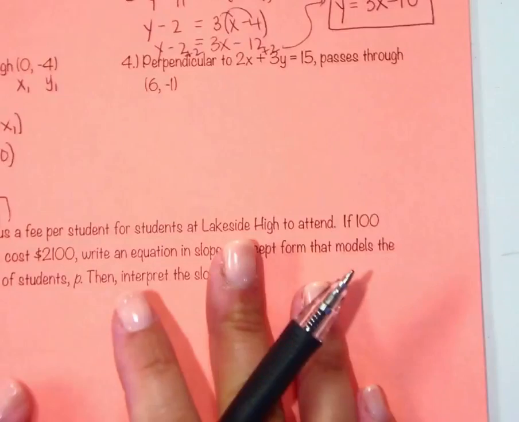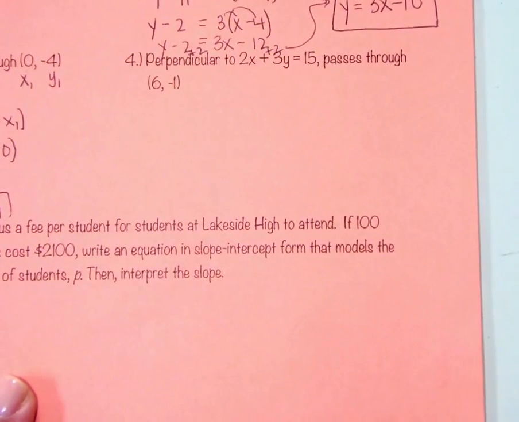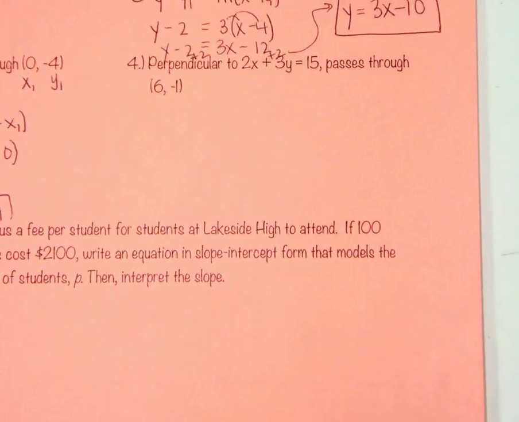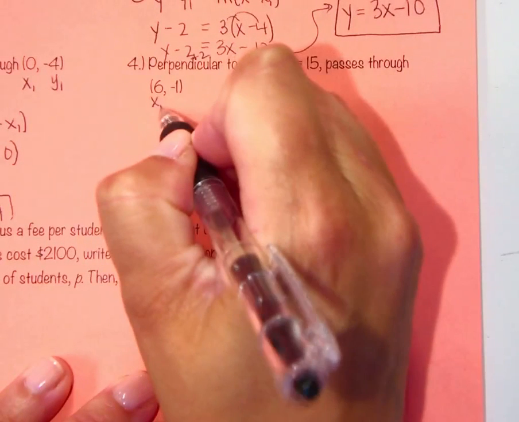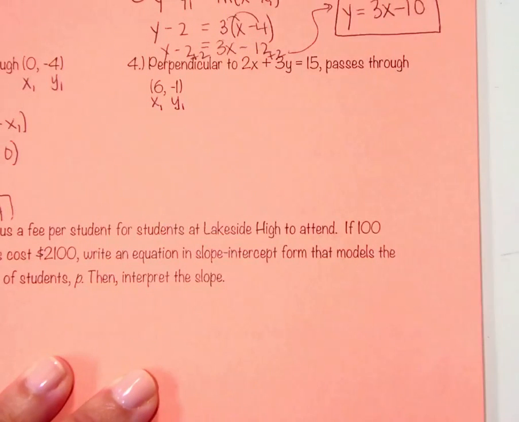Let's go back to example number 4. In this example, we want a line perpendicular to a given line passing through a point. Again, that point we are given is our x1, y1.